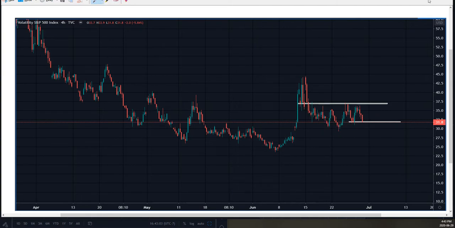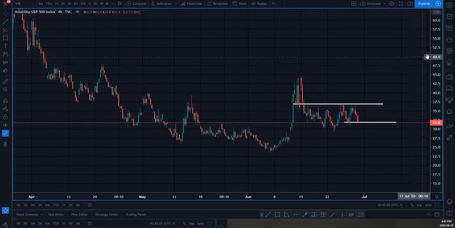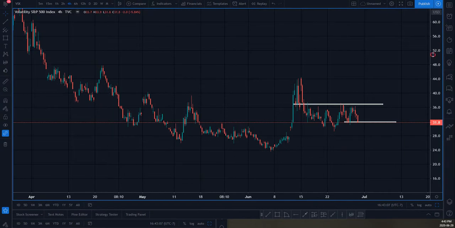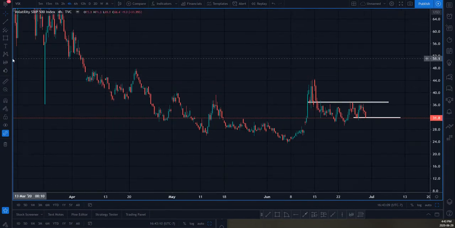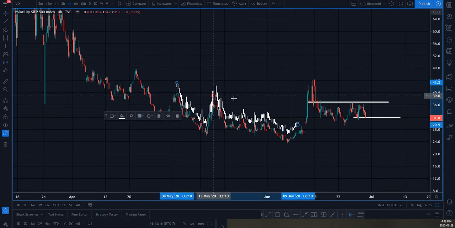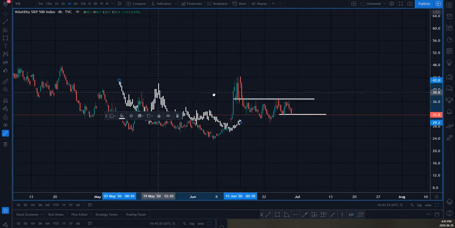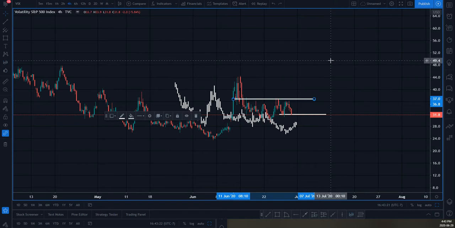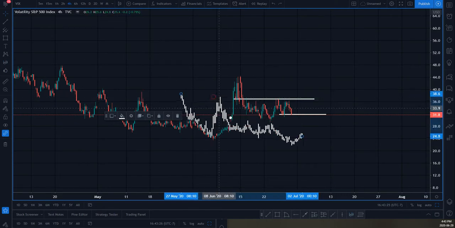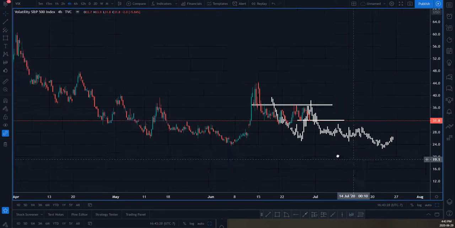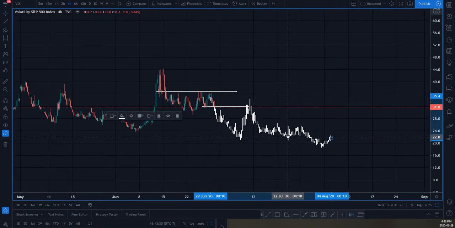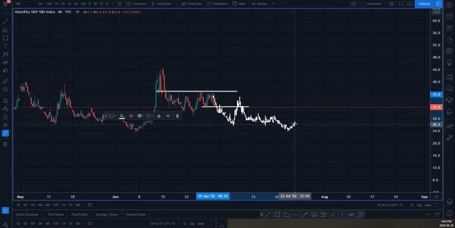But if we are going to see a little bit of a sell-off and just a slow fade of the VIX, which it usually does, this is probably what we're going to be looking for. I'm just going to be looking at something like this. I don't know what's happening with my mouse here. Give me one moment. So we might get something like this, where that's the sell-off. You might get a little bit of a retest.